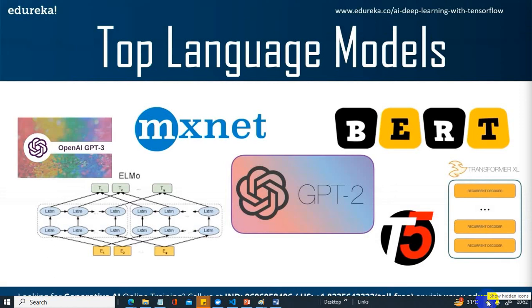Then we have Google's BERT. BERT stands for Bidirectional Encoder Representations from Transformers. It is a pre-trained NLP model developed by Google in 2018. With this, anyone in the world can train their own question answering model in up to 30 minutes on a single cloud TPU, or in a few hours using a single GPU.